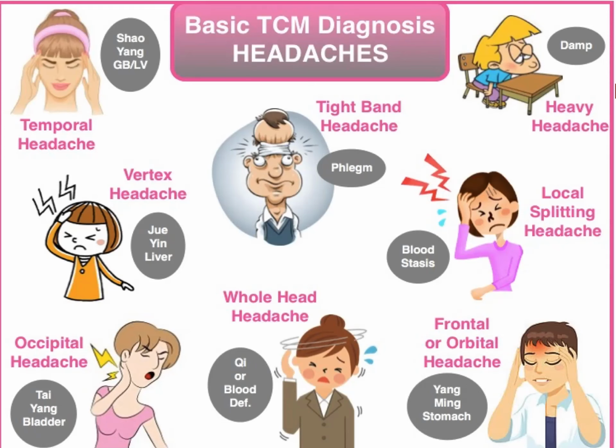Frontal or orbital headaches, or the Yangming headache, we could use stomach 43. The whole head headache, or the qi and blood deficiency headache, is also one kind of headache.